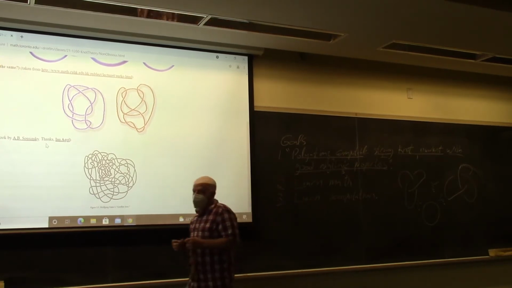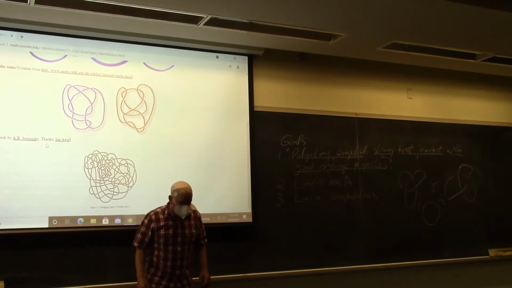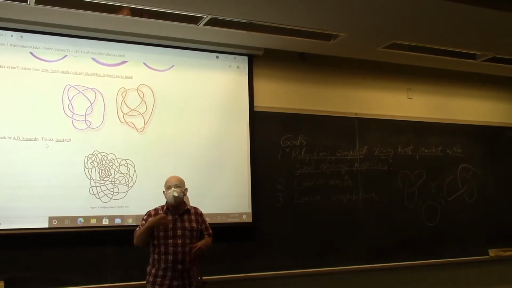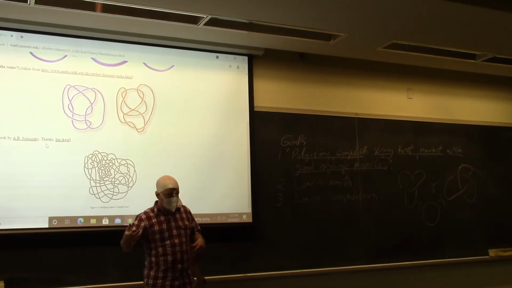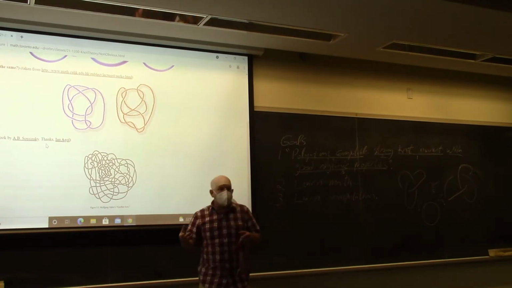They are one of the keys to studying three-dimensional topology in general, and also four-dimensional. If you want to construct a three-dimensional manifold or a four-dimensional manifold, often the procedure involves so-called surgery.